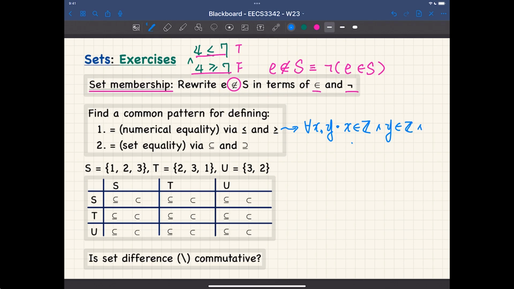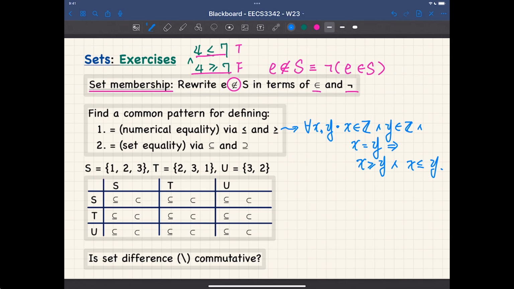If x is equal to y, that should be the case that x larger than or equal to y, and also x smaller than or equal to y. It should be both at the same time. Right? Agree? That's just some common pattern you can use.